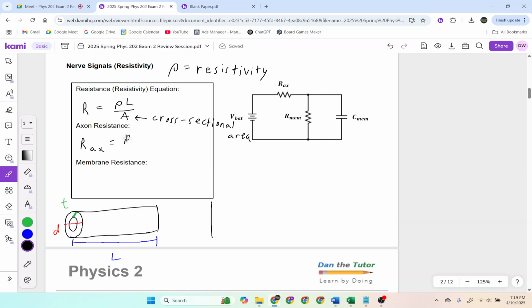It is rho L over pi r squared, or rho L over pi (1/2 d) squared, because it's 1/2 the diameter for radius. Any questions so far?